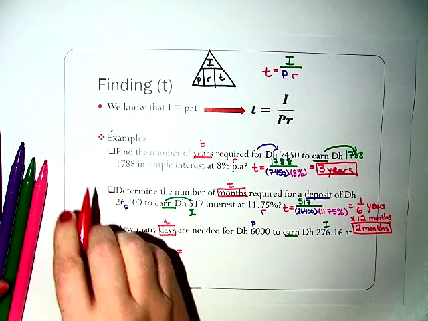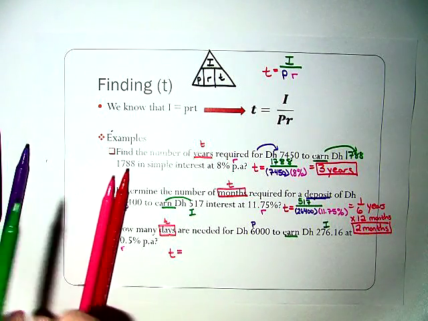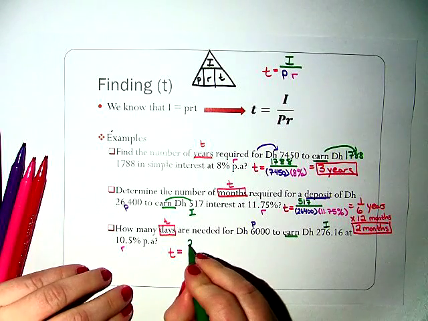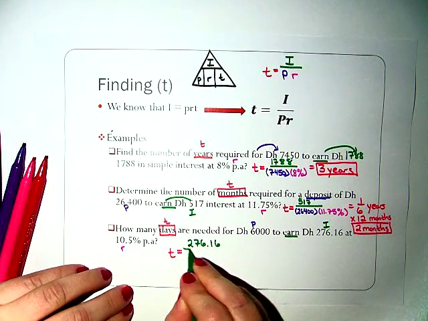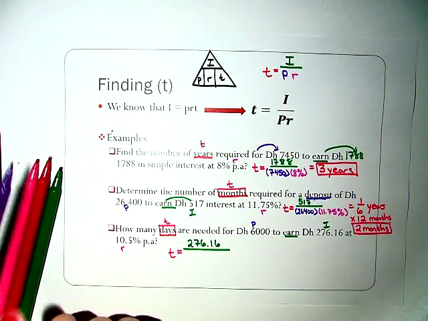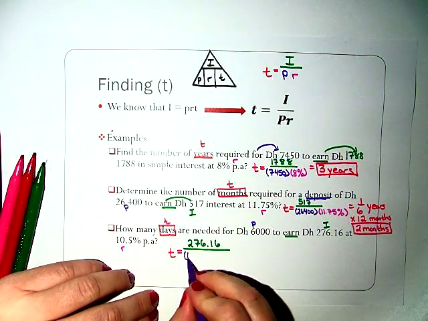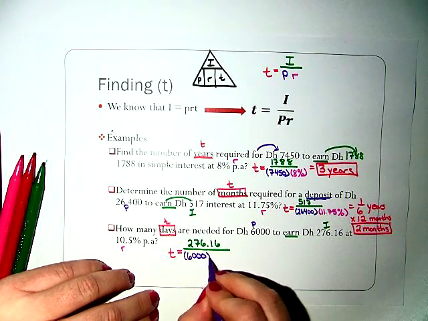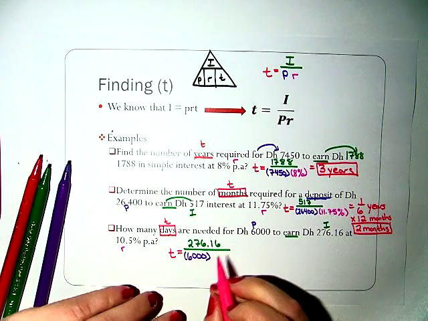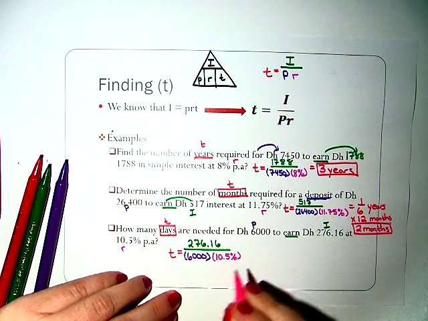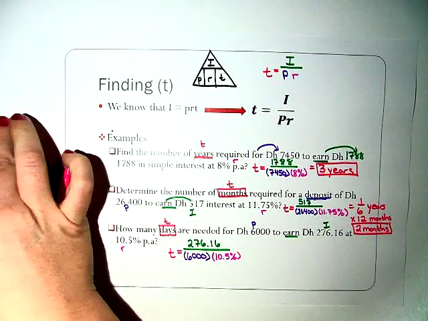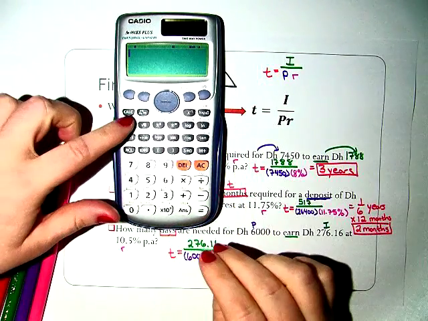T equals, I'm earning 276 dirhams and 16 fils by depositing 6,000 into my account at 10.5% per annum.